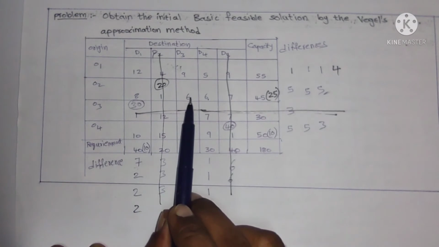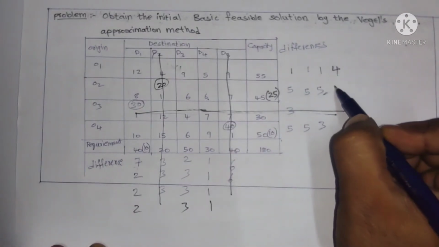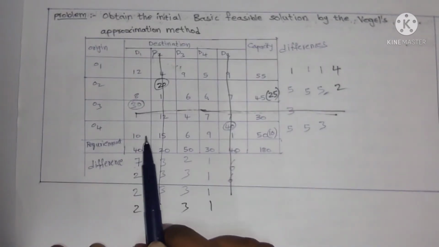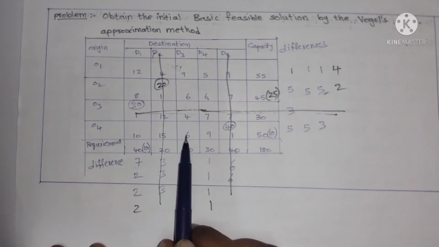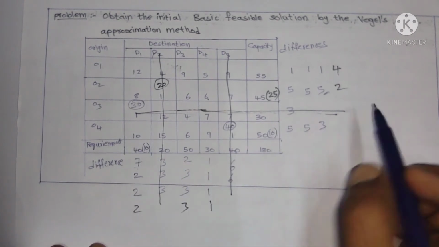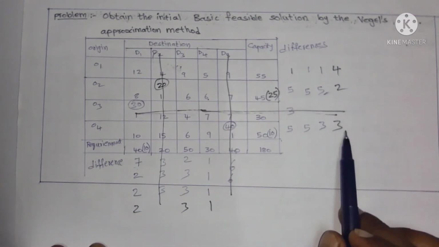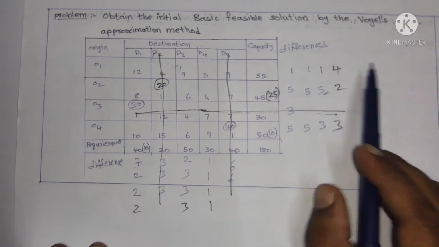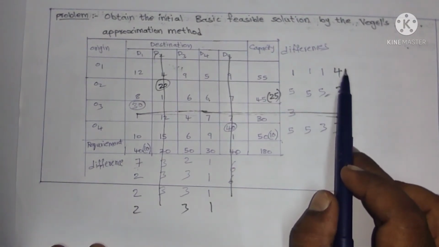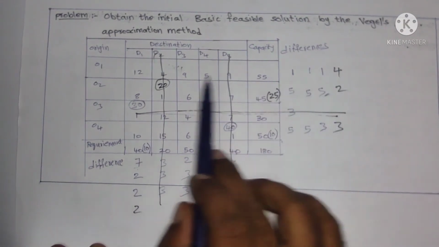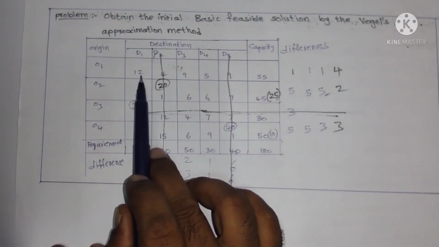Now 8 and 6 are the cheapest cells. Now the difference is 2. Next, 6 and 9 are the cheapest cells. Among these the difference is 3. Now in the fourth differences, 2, 3, 1, 4, 2, 3. What is the highest difference? 4.